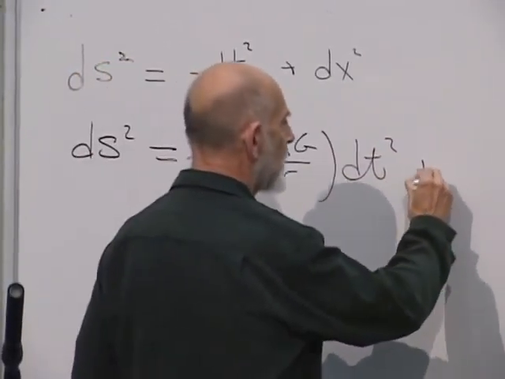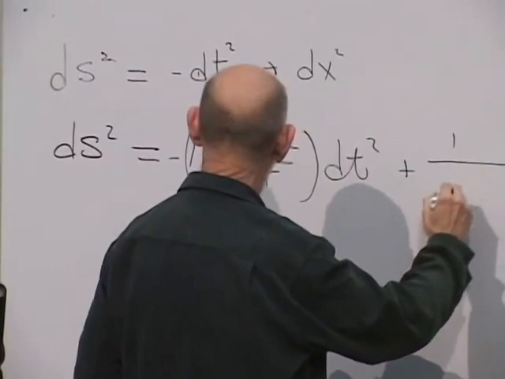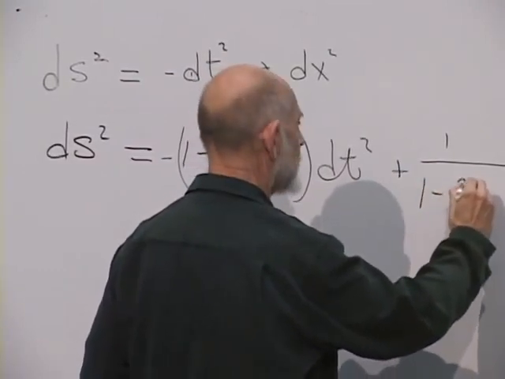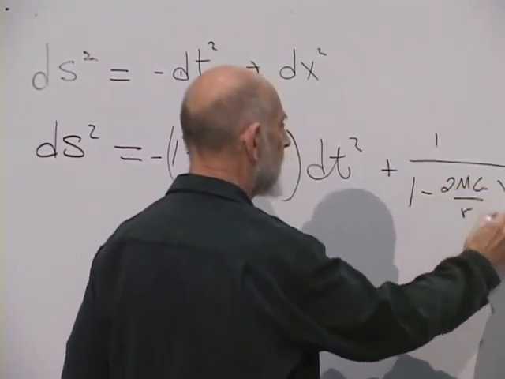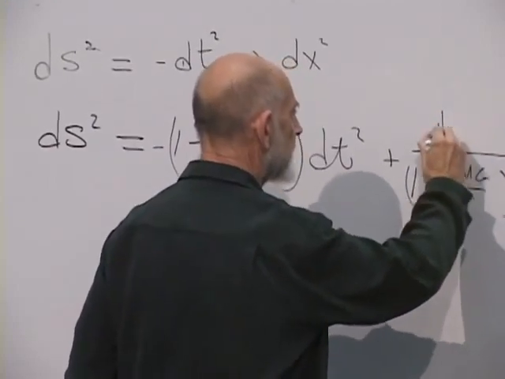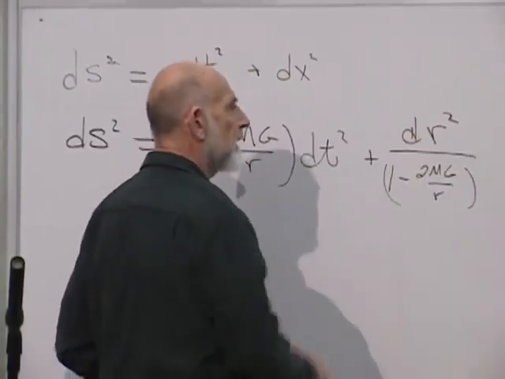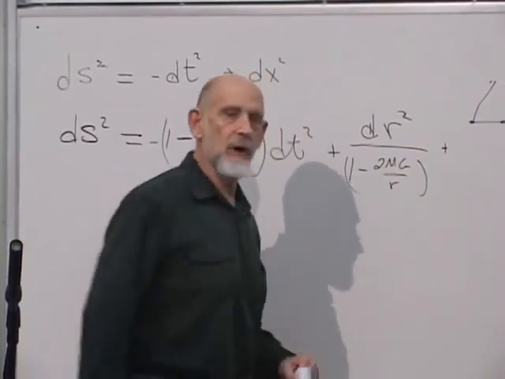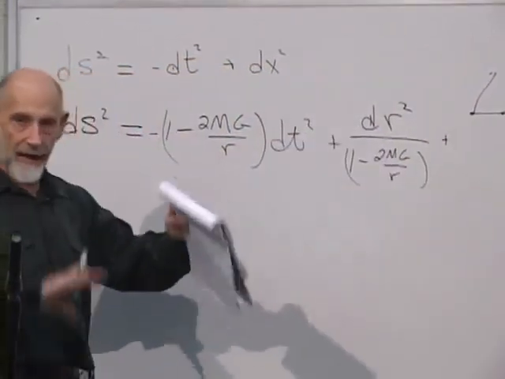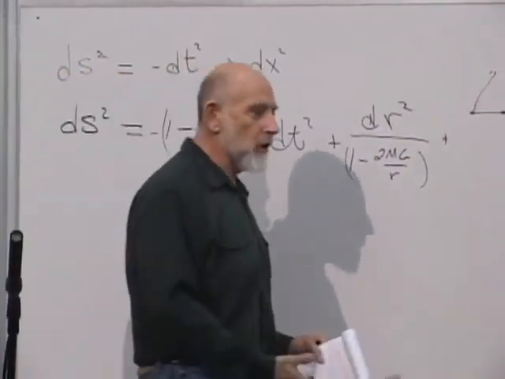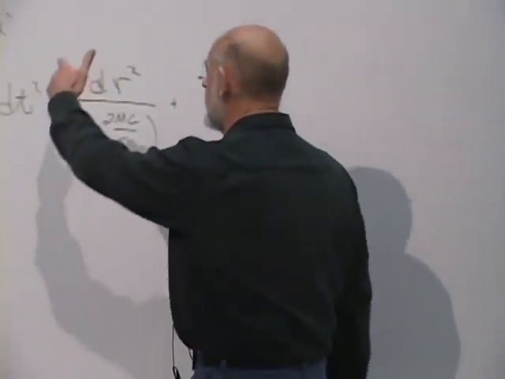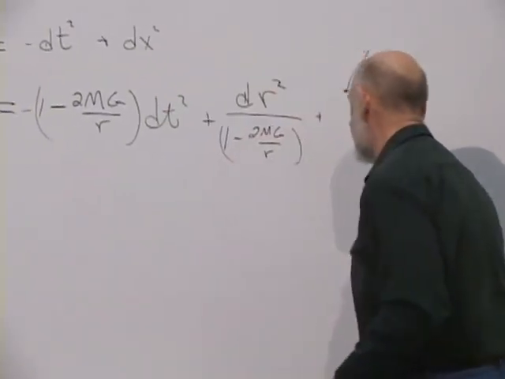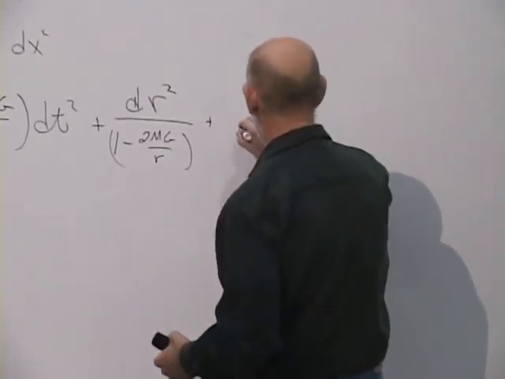And then, do you remember what goes here? 1 over 1 minus 2mG over r, dr squared. And then another piece here, which I'm going to ignore. This had to do with the angles on the sky. It was r squared times something I think I called d omega squared. But let's ignore it for now. Let's not worry about angular distance on the sky. Let's just worry about time and radial distance. All right, so this plus a bit more here.